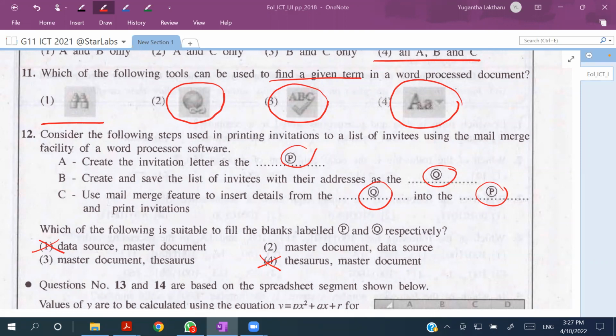Several things are changed to create different letters for different recipients. So only those things will be saved into a data source and later used through the mail merge facility. So it should be the master document and the data source. Since this has the treasurer, we are not going to consider it as a correct one. So the second one is going to be the answer.